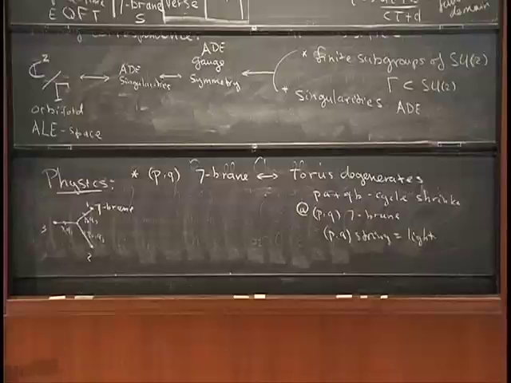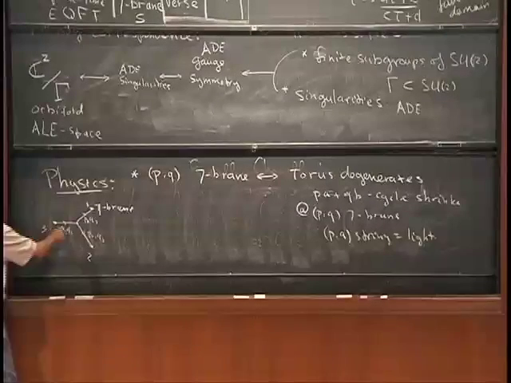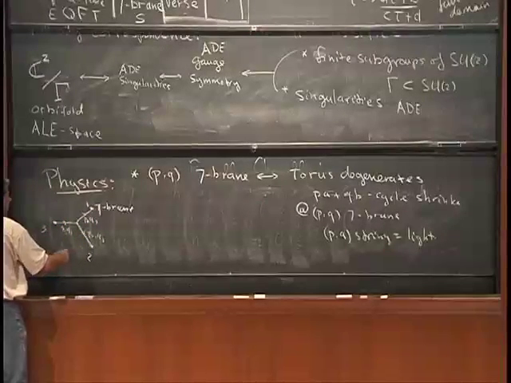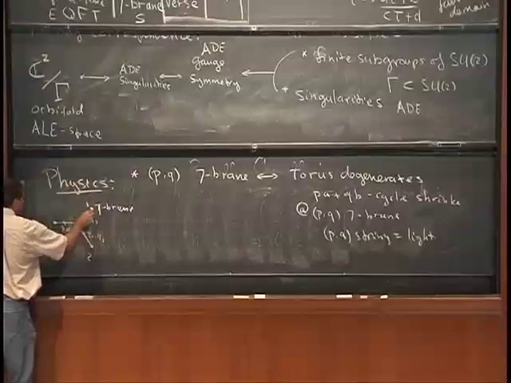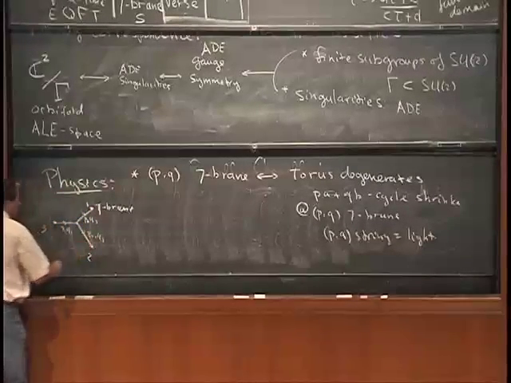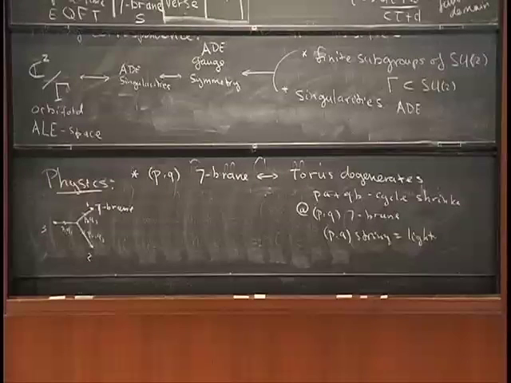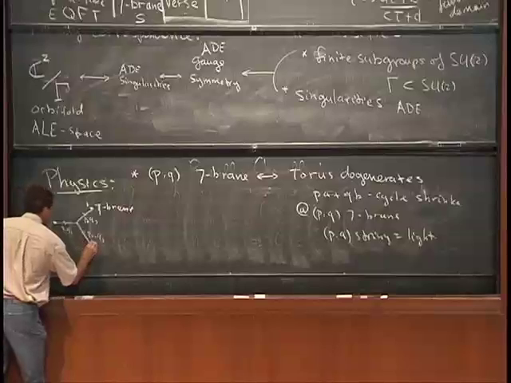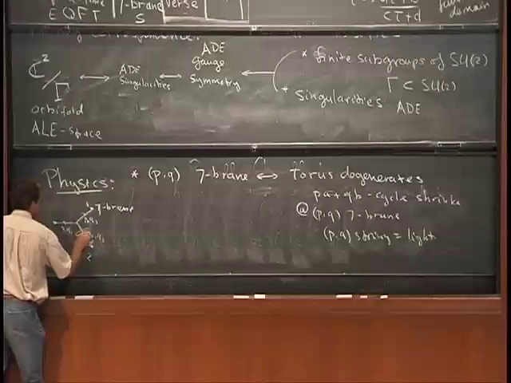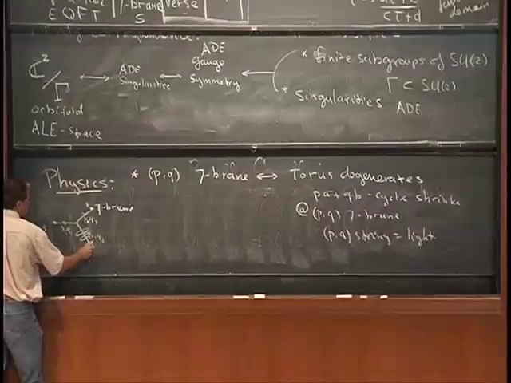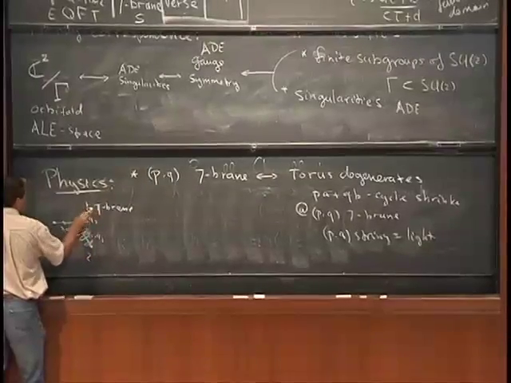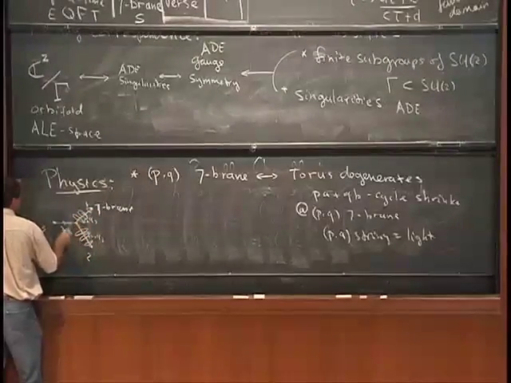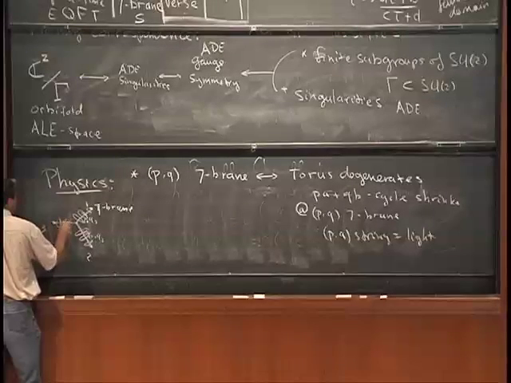What I mean by this in terms of the geometry is that I take 3 7-branes, the locations where these singularities occur, and I connect them just by a line like that. But now I look at the corresponding cycle in the torus. The cycle that shrinks here starts growing there, and the cycle that shrinks here starts growing here.